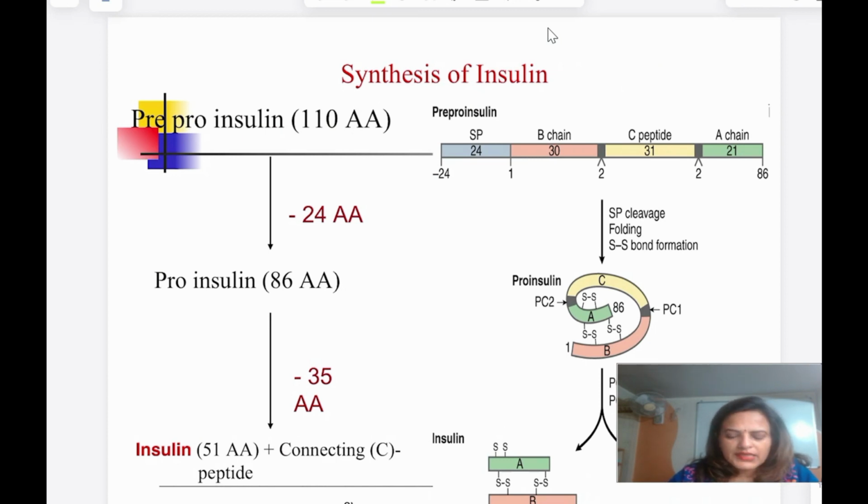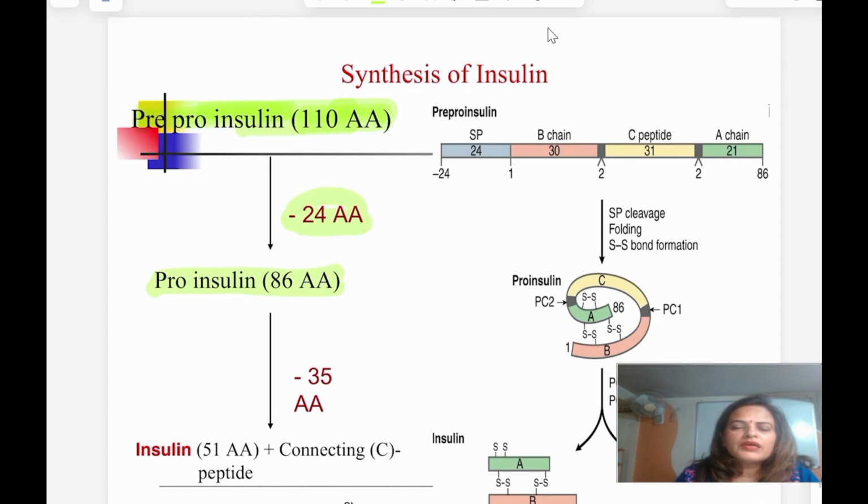It is synthesized as pre-proinsulin, as a single peptide chain, which constitutes 110 amino acids. From this, 24 amino acids are removed, and the remaining 86 constitute proinsulin.